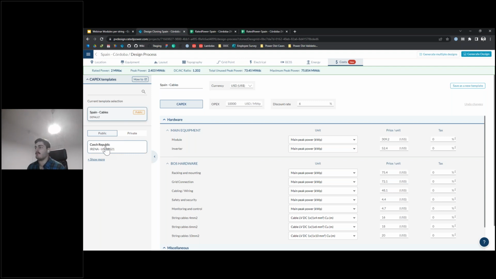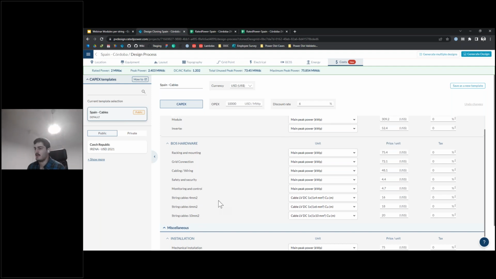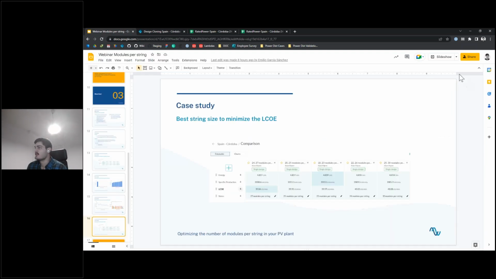For Spain, I have taken these values, but I have added some entries that affect the string cables with prices directly related to the meters of string cables, as the other entries were defined according to the main peak power and would then currently represent the price of the strings.